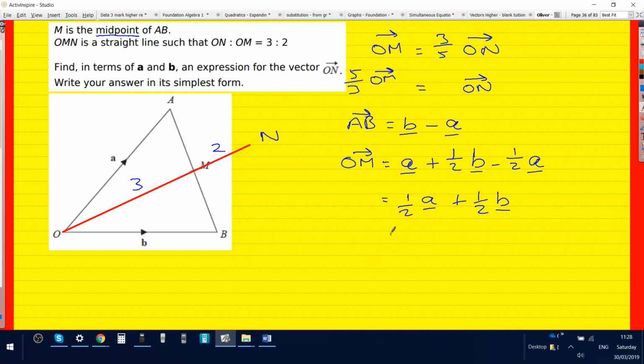And then ON equals 5/3 times half A, sorry, and plus half B, which is 5 over 6a plus 5 over 6b.